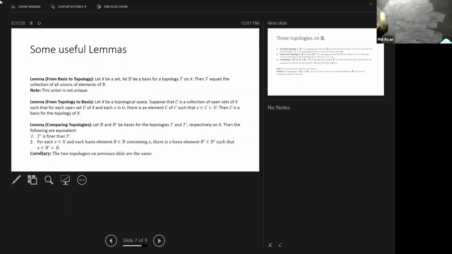So we've got two conditions to satisfy. The first is easy, right? Because we've got a topology, X is an open set.